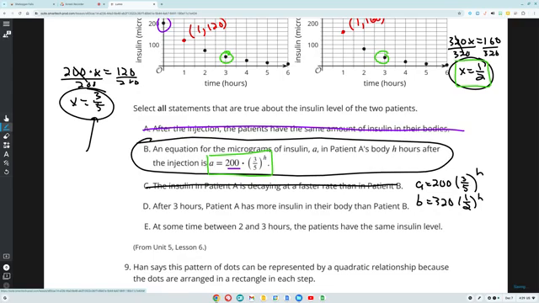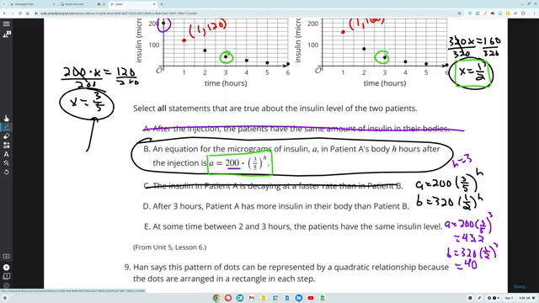So the question becomes, if I plug in 3 there, which one's going to be bigger? For patient A, I would have 200 times 3/5 raised to the 3rd power, which if I plug that into my calculator, I get 43.2. Patient B, if I plug in that 3, I would get 320 times 1/2 raised to the 3rd power, which I would get out 40.